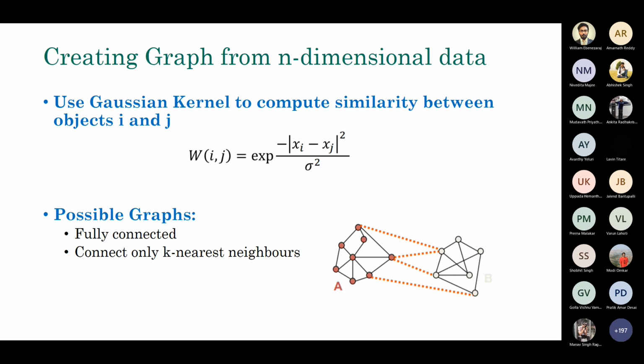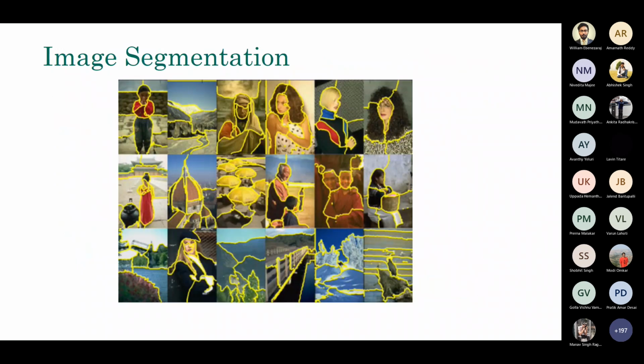All right, so what can we achieve by doing this? This is just one example. There are many examples. Spectral clustering is a very popular technique, and in fact relatively old as well. When people originally developed it, they applied it to image segmentation.